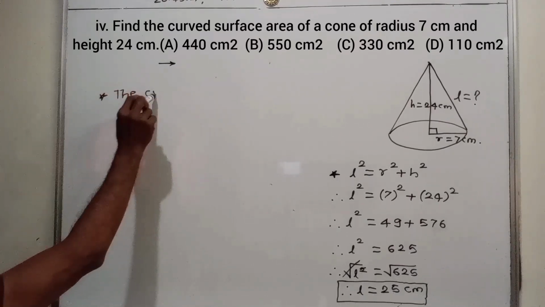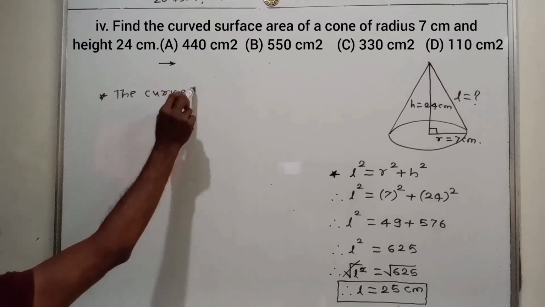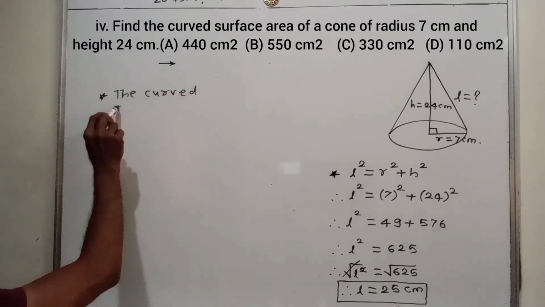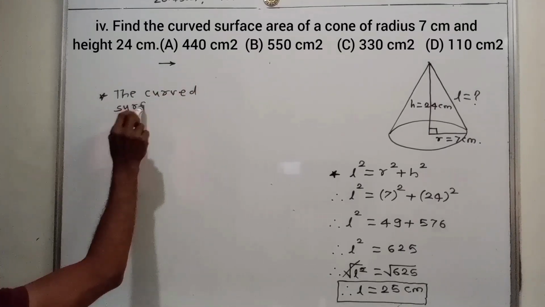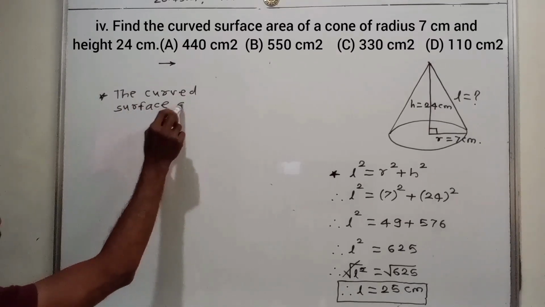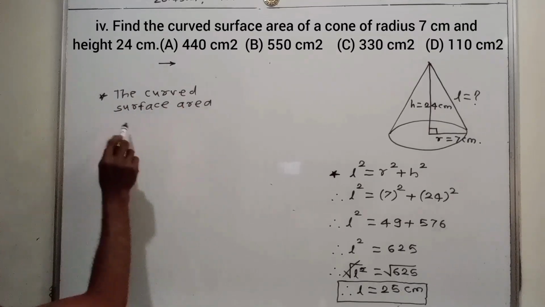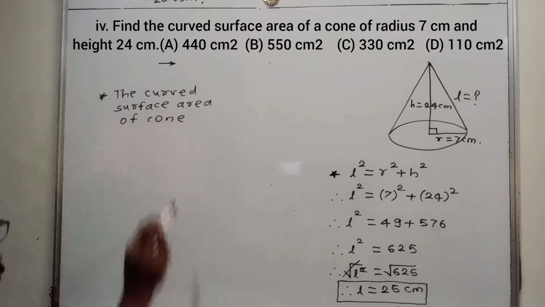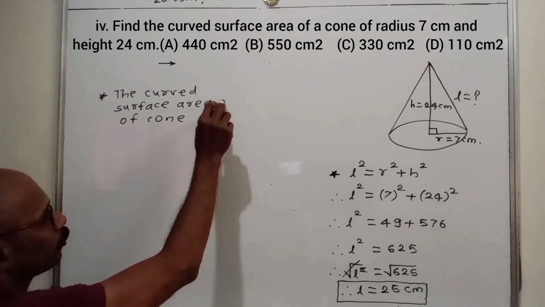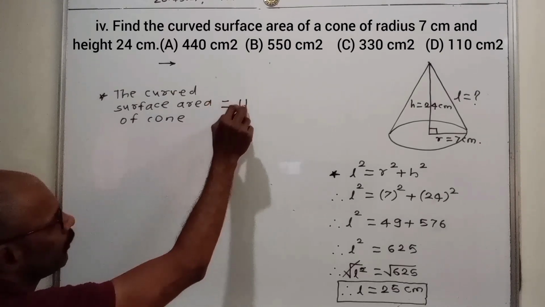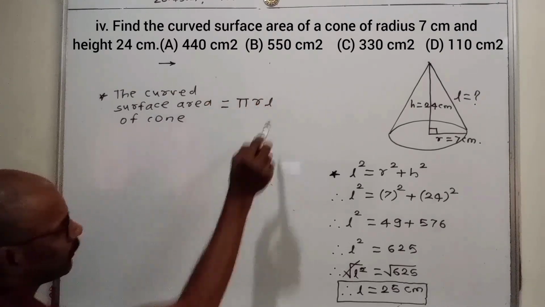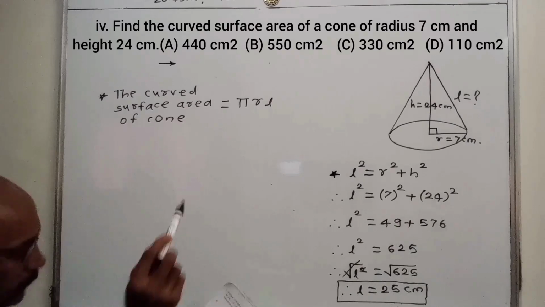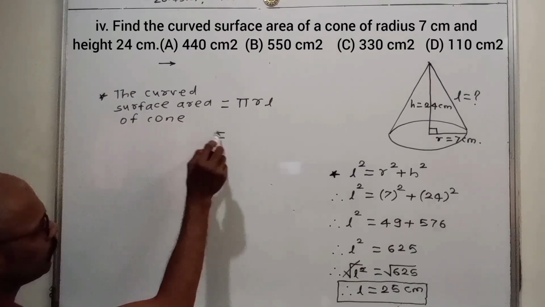The curved surface area of cone. Curved surface area of cone is equal to pi r L. Okay, we substitute values.